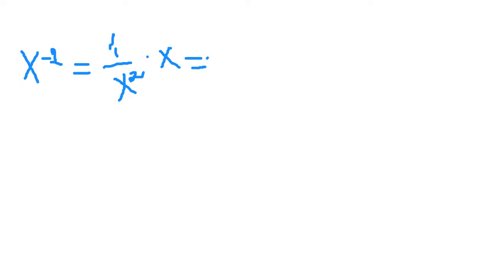Would it be 1 over x to the third? No, you're multiplying. It will just become 1 over x. Why? Because this cancels out. In other words, what is 1 over x squared?